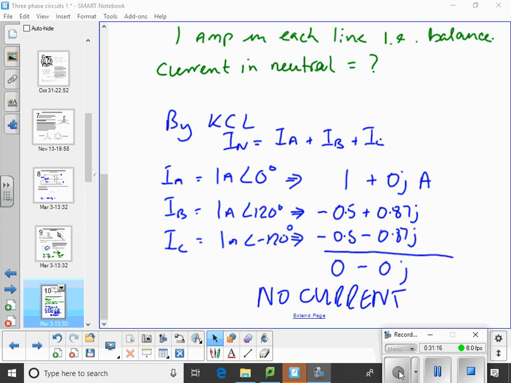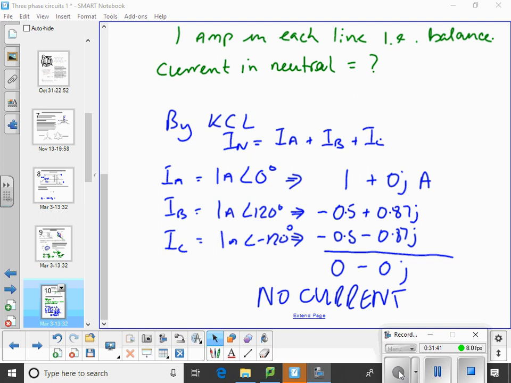When you take the angles into consideration and add them all together, in the balanced system you'll get no current. And when we start looking at some unbalanced systems later, faulted systems, you'll find that if you take one of the phases away, you get a current flowing in the neutral.